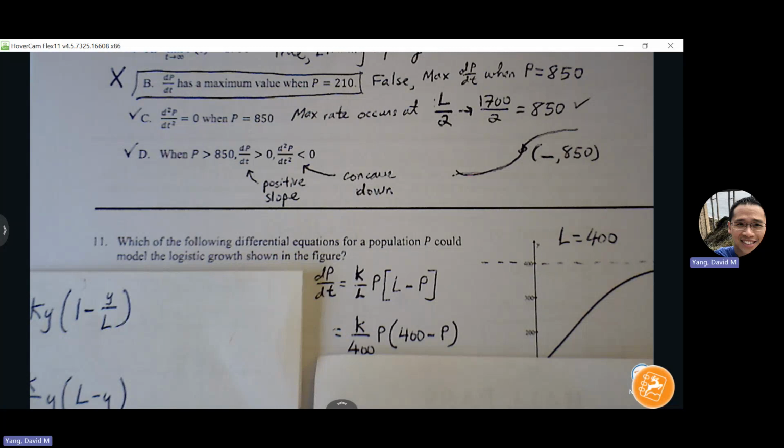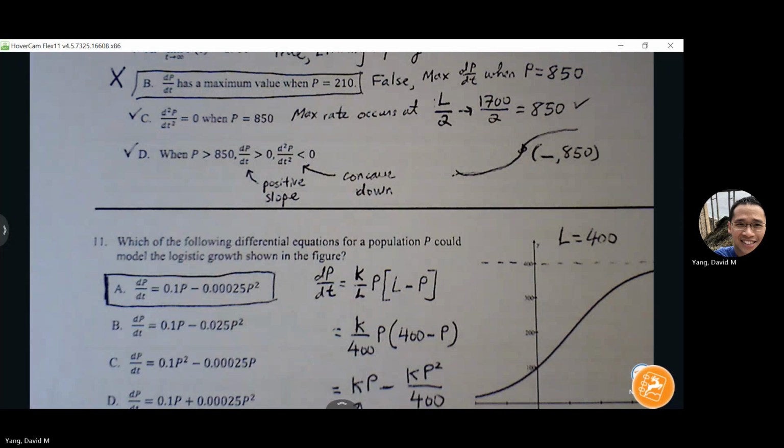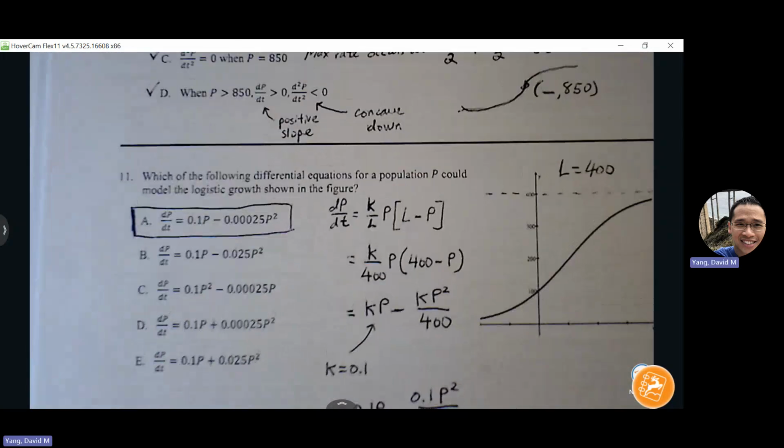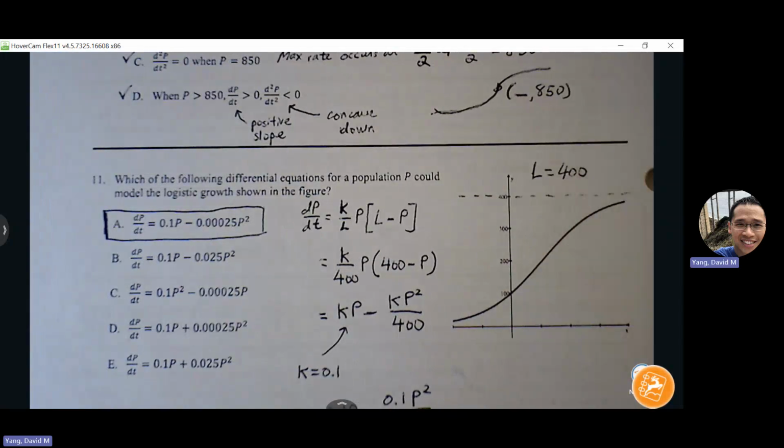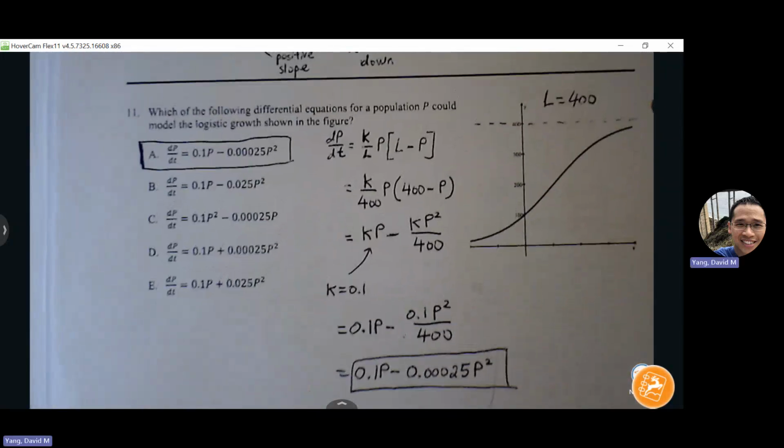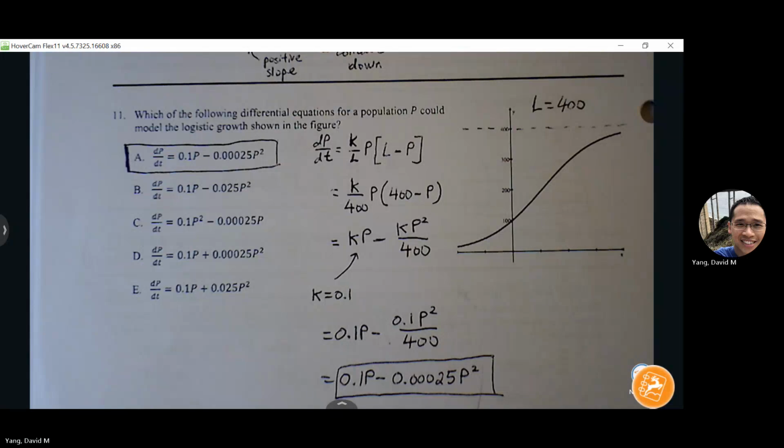Okay, number 11, we know our carrying capacity is 400. We can take that 400, put it in for L. We can also distribute the K through. And based off of our answer choices, we know that K is 0.1, since that's consistent across all the equations. And then we can narrow down which one it must be.